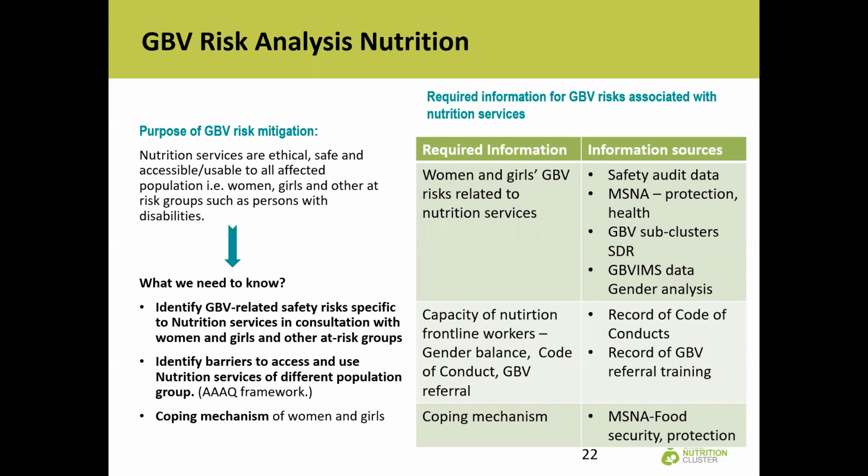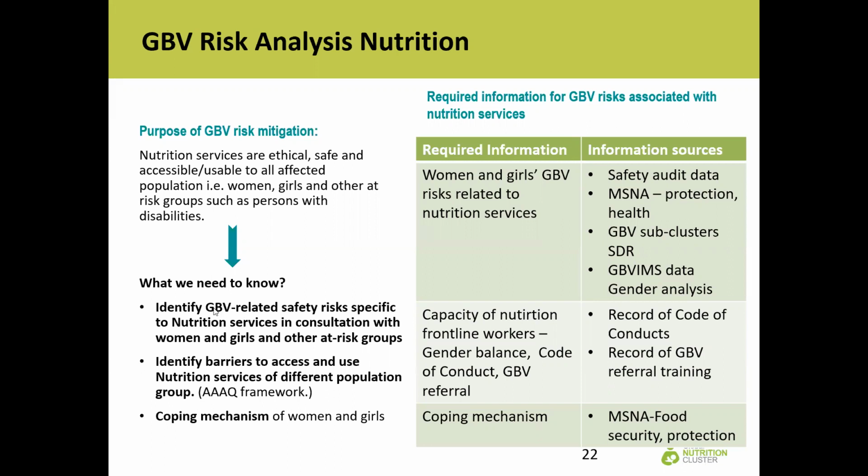And also the capacity of nutrition workers, especially on the GBV aspect, because many vulnerable women access nutrition services repeatedly, and nutrition frontline workers and women can establish trust and a good relationship, and maybe survivors want to seek support from our nutrition frontline workers. So it's important to also understand whether they are ready to support.